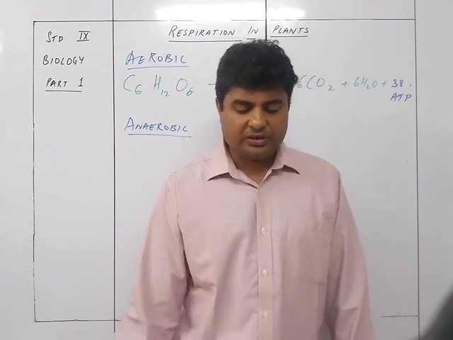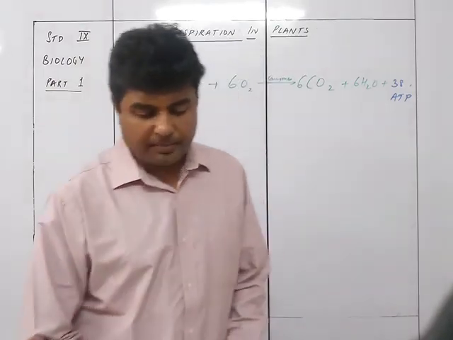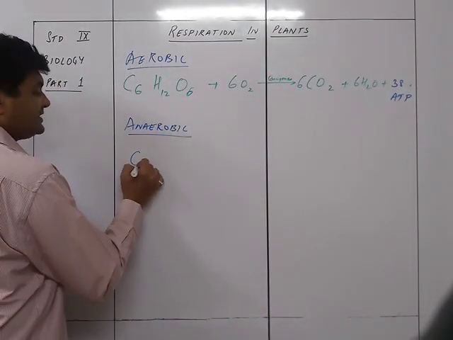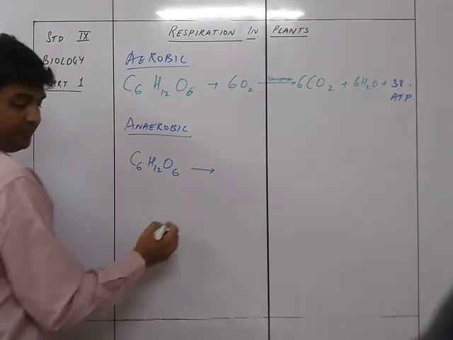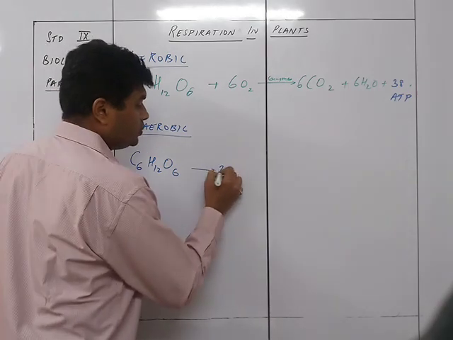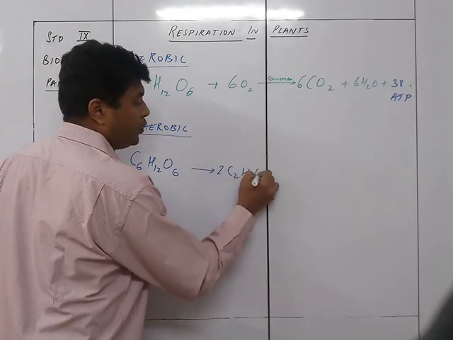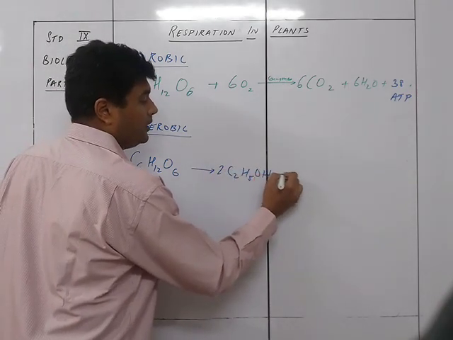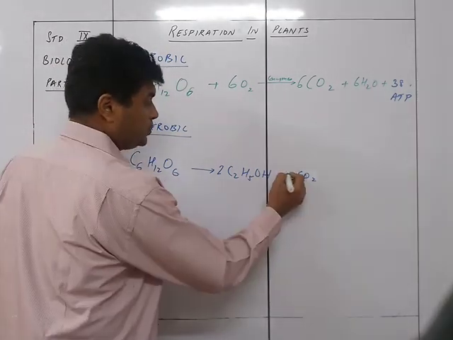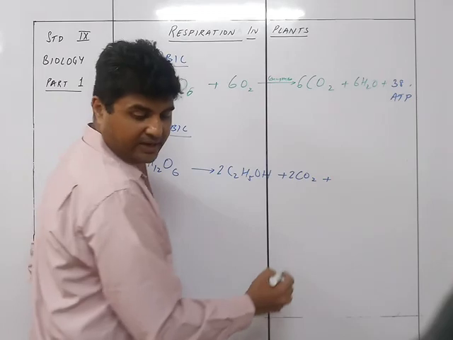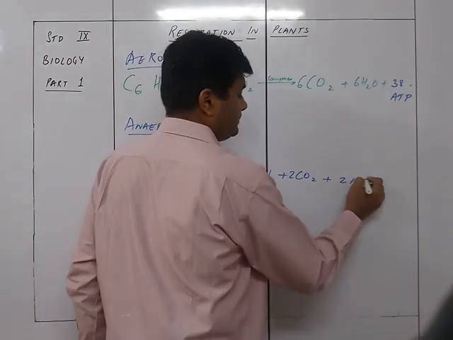This chemical reaction can be represented in the following manner: C6H12O6 gives 2C2H5OH plus 2CO2 plus only 2 ATP.